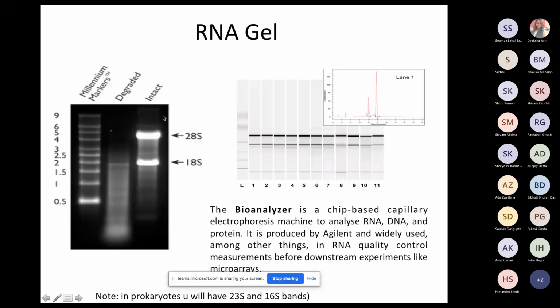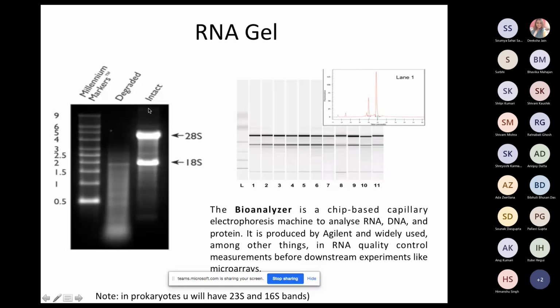If you want to categorize on the basis of percentage of RNA, then mRNA is just 5%. That's why when you run it on a gel, you see two prominent bands of rRNA, which in case of eukaryotes will be 28S and 18S, while in case of prokaryotes, it will be 23S and 16S, right?